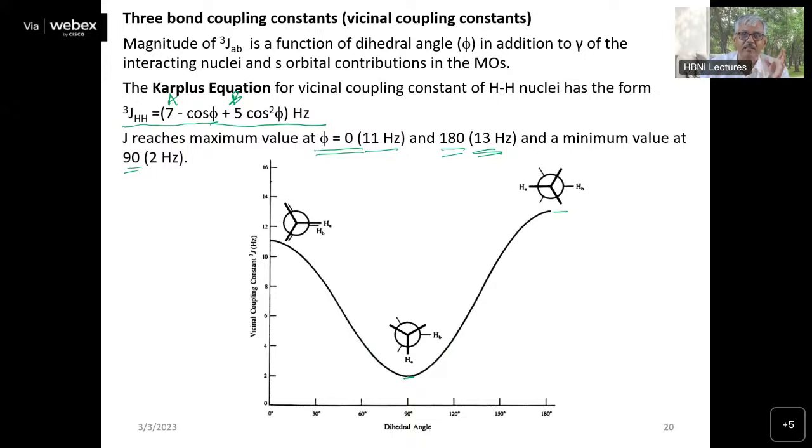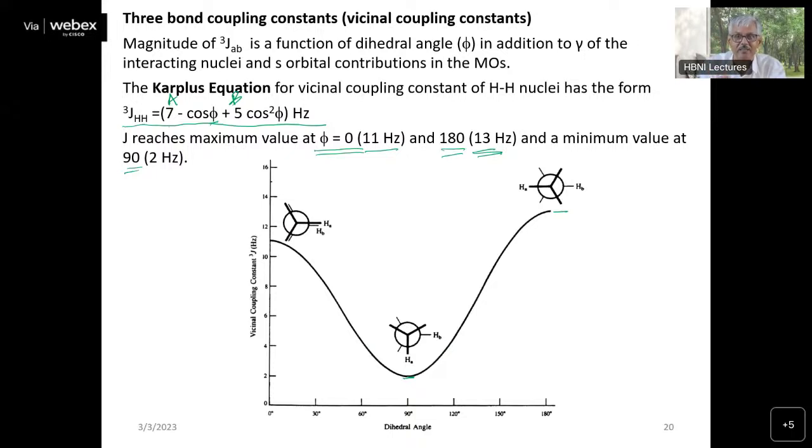What you see in NMR is a weighted average of the coupling constant from all conformations. It is not that drawing the eclipsed conformation means the molecule is in the eclipsed form. There are infinite conformations possible, each having a coupling constant value, and you get a weighted average value which you see in your NMR spectra. So getting 13 hertz doesn't mean you must get 13 hertz; you may get 11.5 hertz, or you may get 8 hertz.